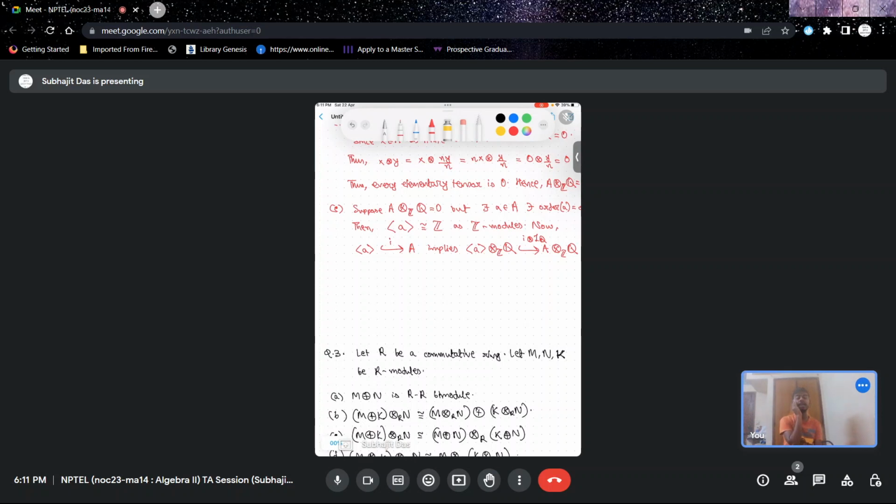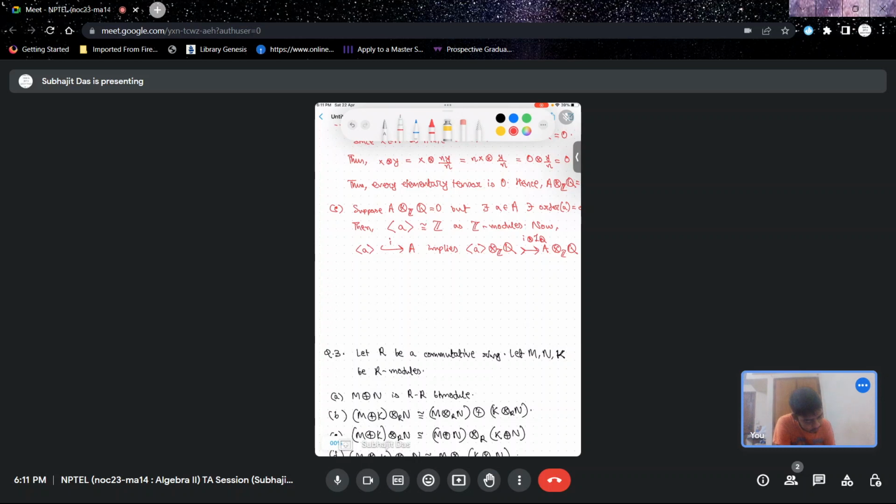So we start with a module M. Then we'll call M a flat A module if for any two A modules N and N prime, any injective A-linear map from N into N prime, the corresponding map from N tensored over A with M into N prime tensored over A with M is injective.